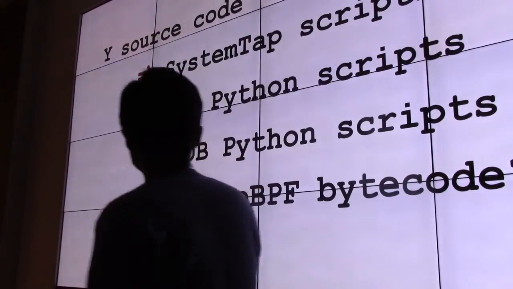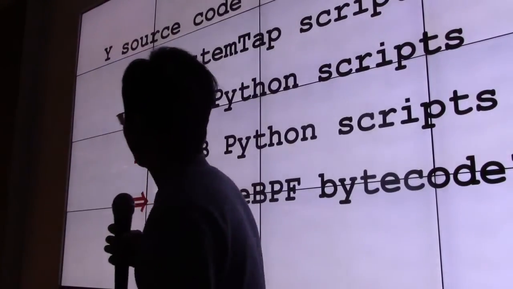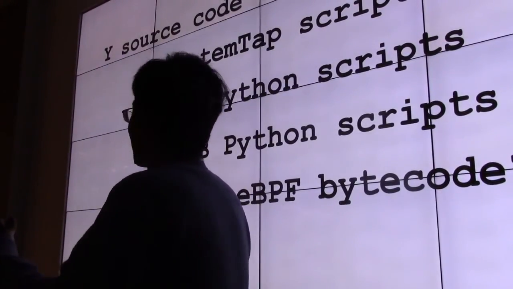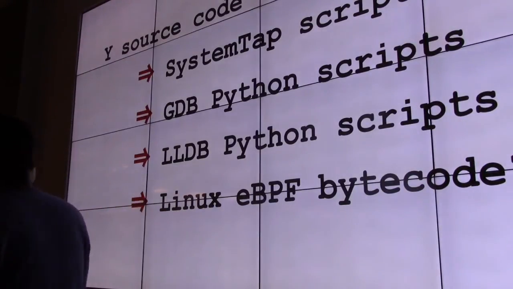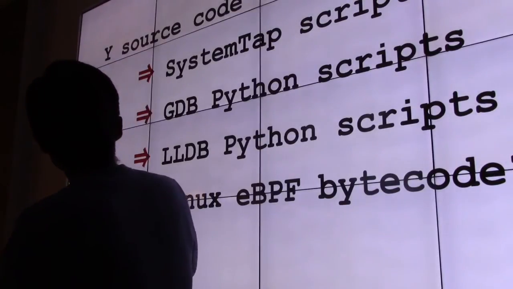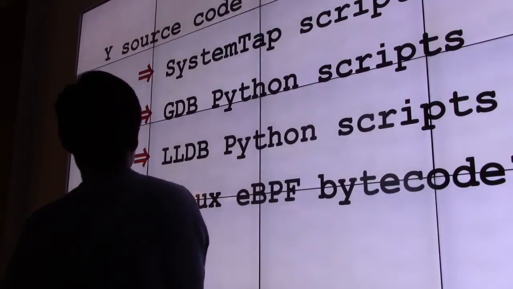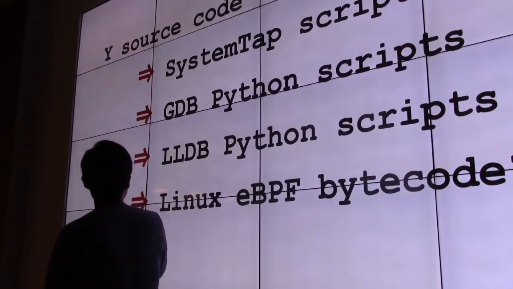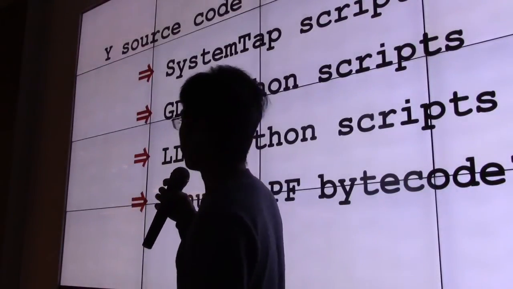GDB is best for debugging dead programs, dead processes like a core dump. GDB provides the Python language to code up very complicated tools, so I hope that the Y compiler can automatically generate the Python code as well. And so is LLDB, which has an incompatible Python API, unfortunately.